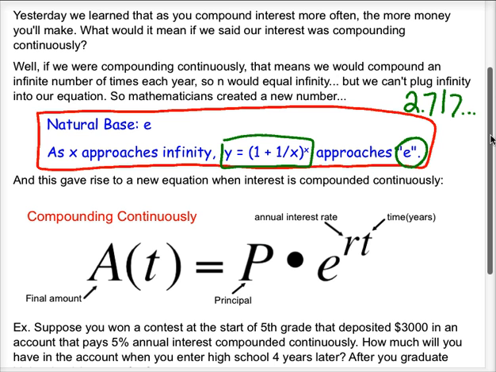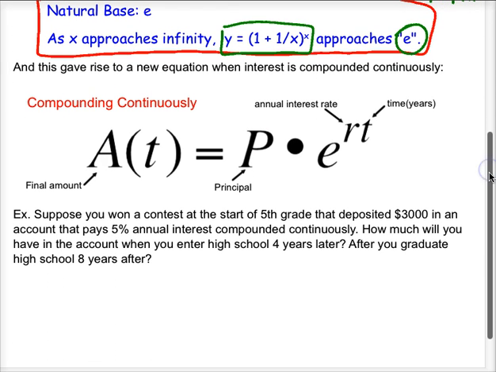Think of e like pi. It is a constant, a number that is always the same, but it is also irrational. It's infinite. You'll never be able to represent it with decimals. It is the calculation of that limit, and we can use it for continuously compounding interest.